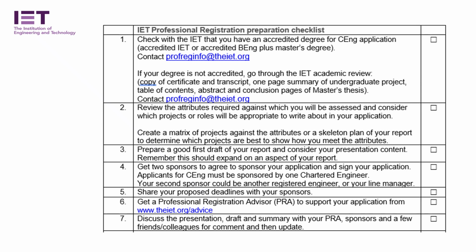So, like I said, have your PRA, so that's the professional registration advisor, review your draft report, and have your sponsors as well and your friends review it. They can actually help you with proofreading and they can provide feedback on how clear the contents are.